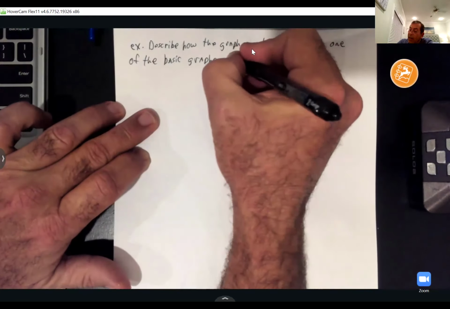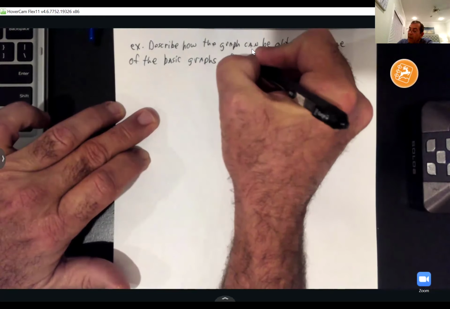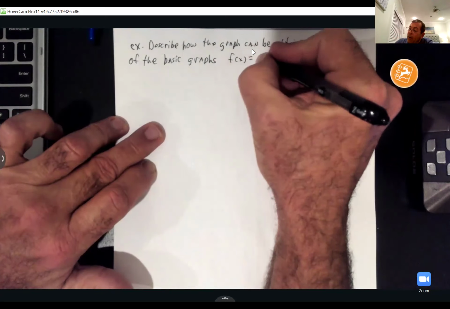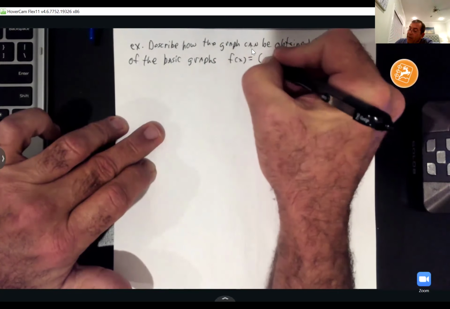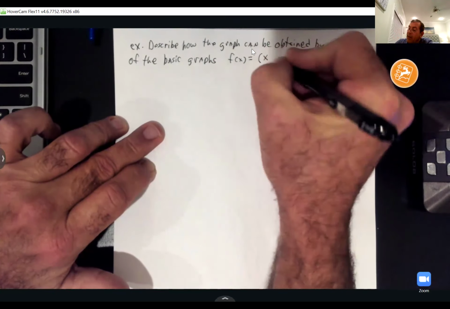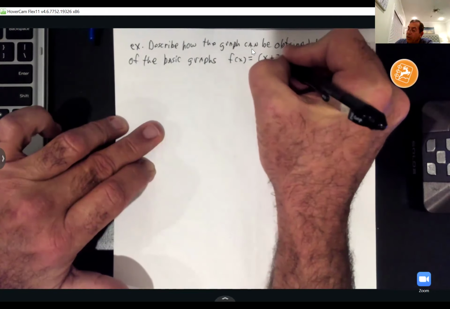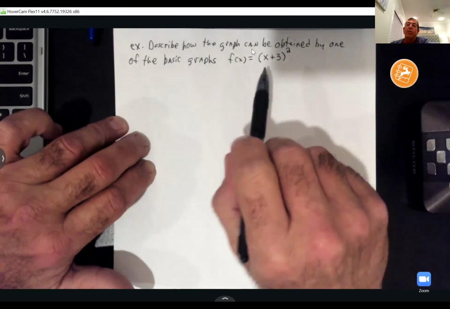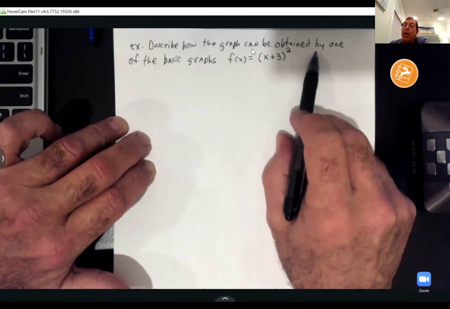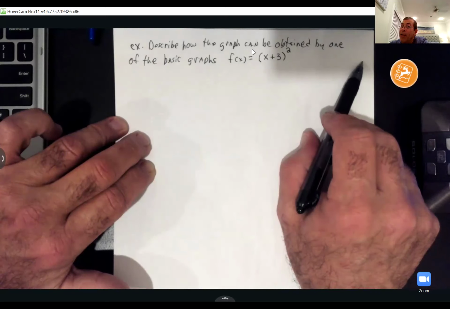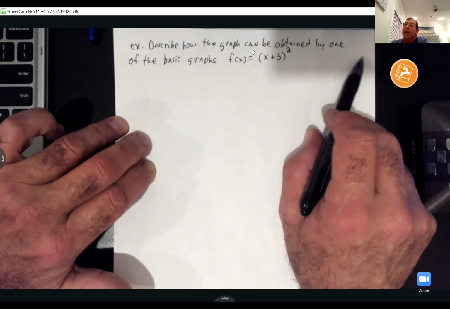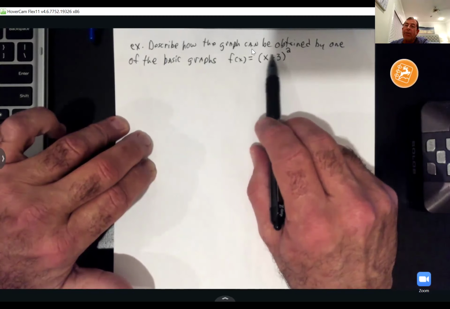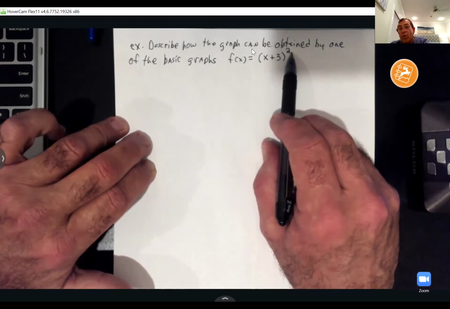On this one, we got f of x equals, now y'all watch the difference here. This is going to be (x plus 3) squared. So notice, I don't have x squared plus 3. I got (x plus 3) squared. I'm changing the value of the x before it gets squared, okay?